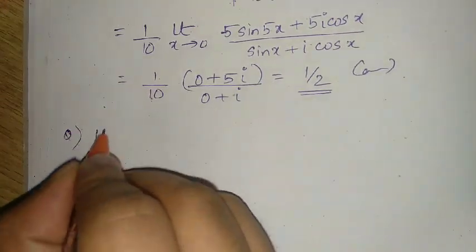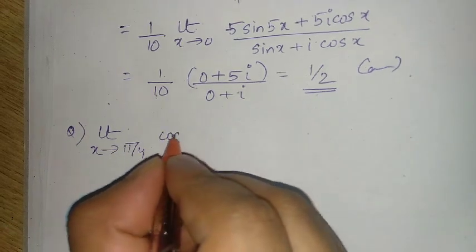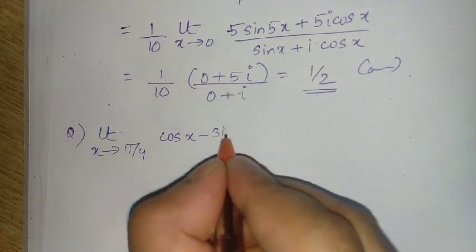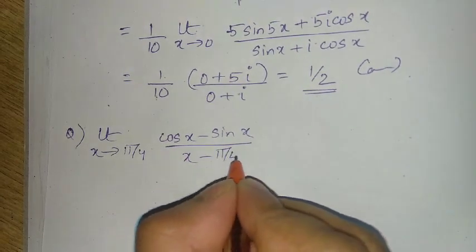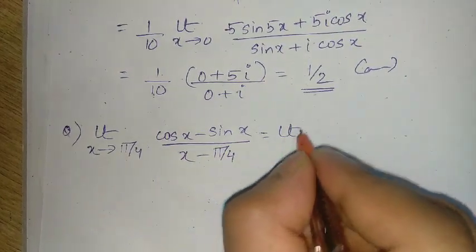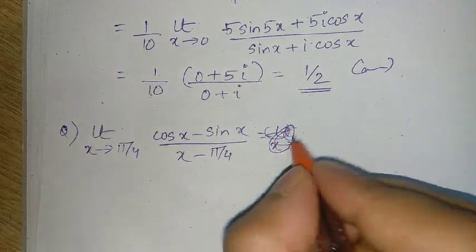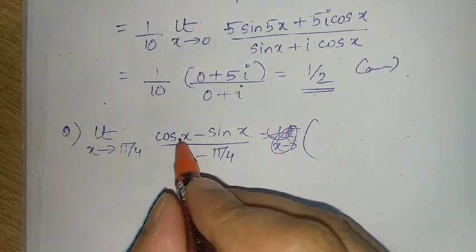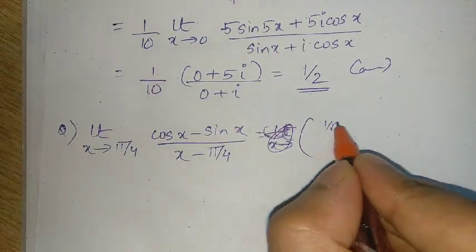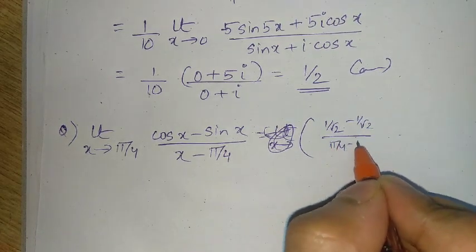Next question is limit x tends to pi by 4 of (cos x minus sin x) divided by (x minus pi by 4). Before we do that, we have to see whether it is 0 by 0 or not. Cos pi by 4 is 1 by root 2, so 1 by root 2 minus 1 by root 2 divided by pi by 4 minus pi by 4.